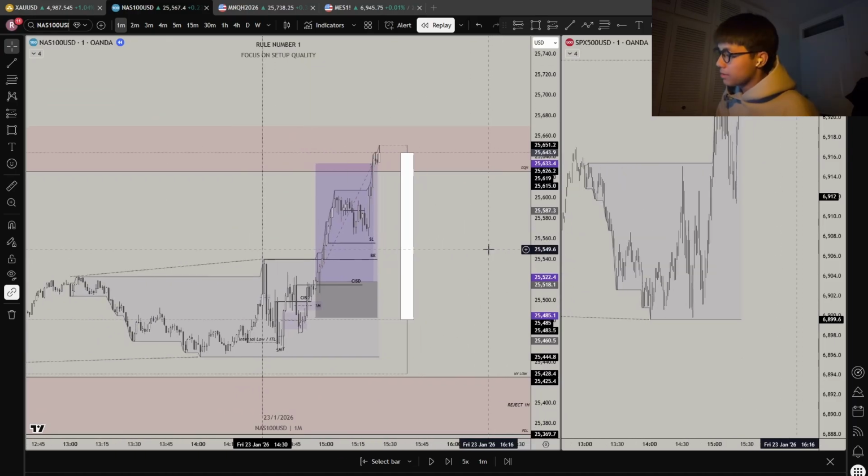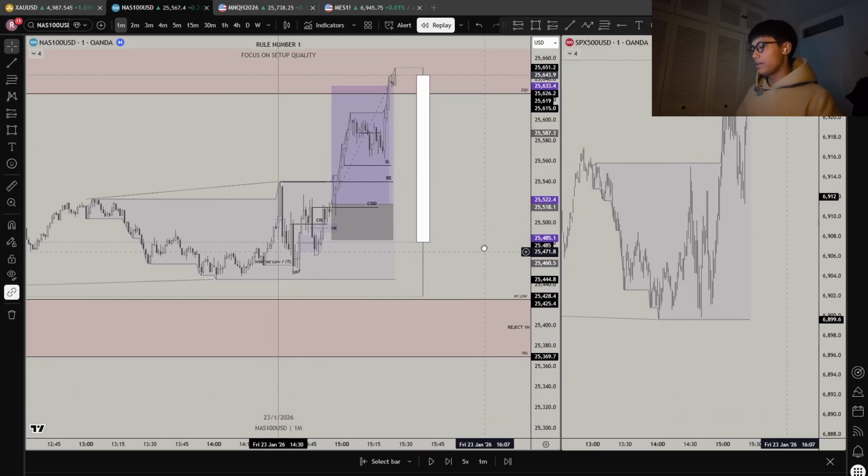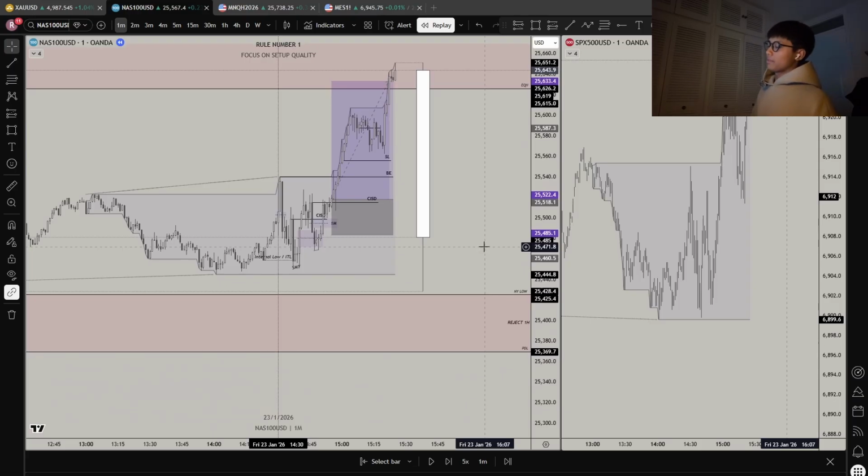Alright, so that's the trade, that's the price action breakdown for you guys of last Friday, the 23rd of January. I hope that made sense for you guys. Next week, I might lessen the amount of trades or price action that I go over, so that I can deliver much clearer information, because I've got a feeling that was a lot to take in.